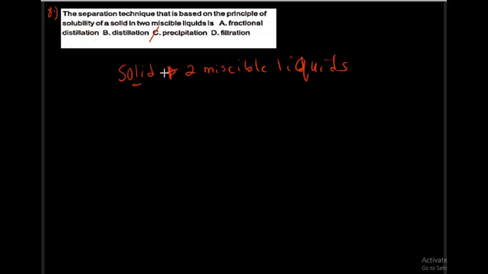But the liquids are miscible, so they can easily combine with each other. So we have a solid in two miscible liquids, we make use of precipitation.